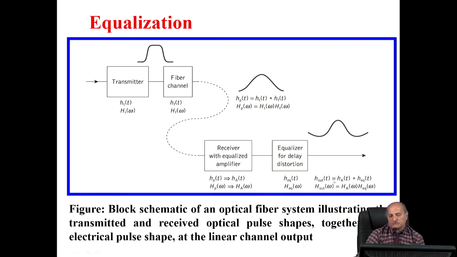In the time domain, it is convolution; in the frequency domain, it is multiplication. And the equalizer stage on the receiver side is added to obtain an output pulse or signal having certain required characteristics.